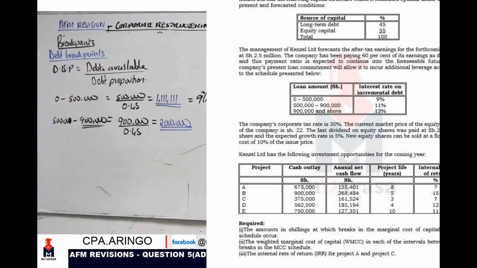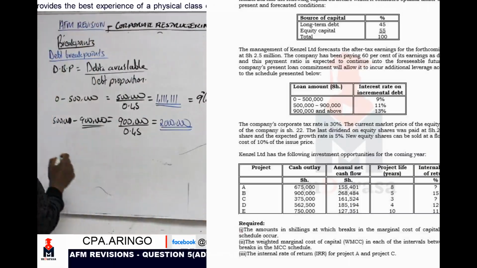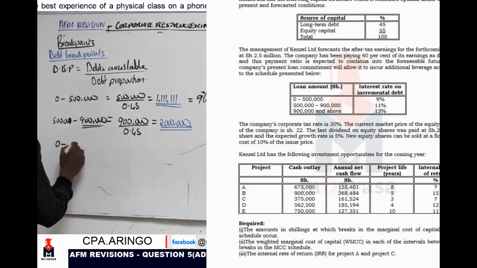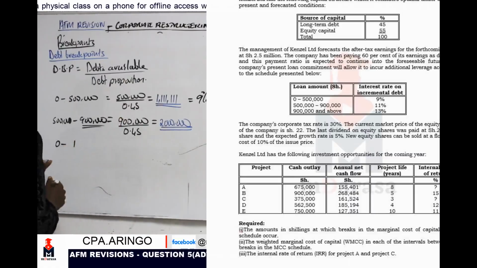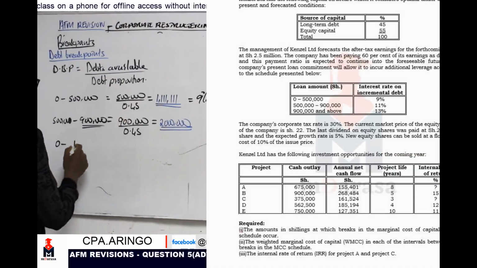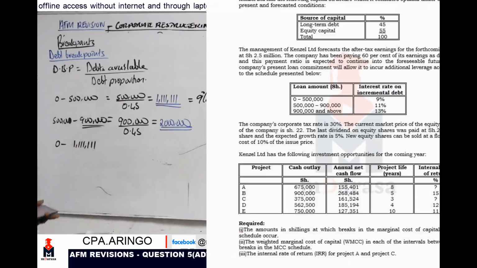So literally in this case, these are what we should be able to determine, so that my range here, based on our debt and the breakpoint that is available, is 0 to 1,111,000. If you look at our scale, that one is going to affect us later on.